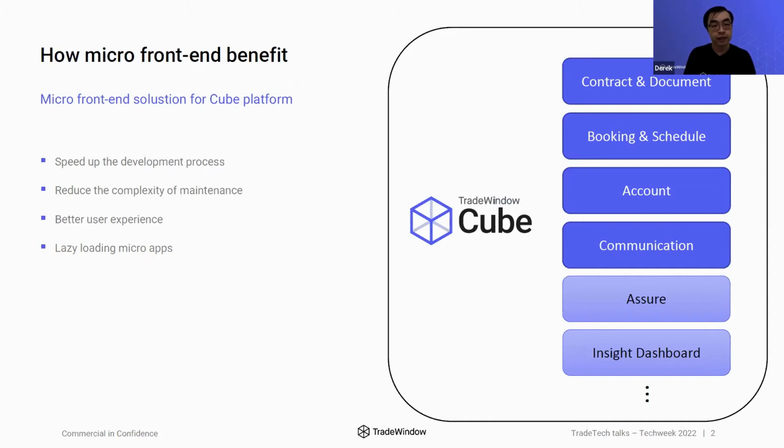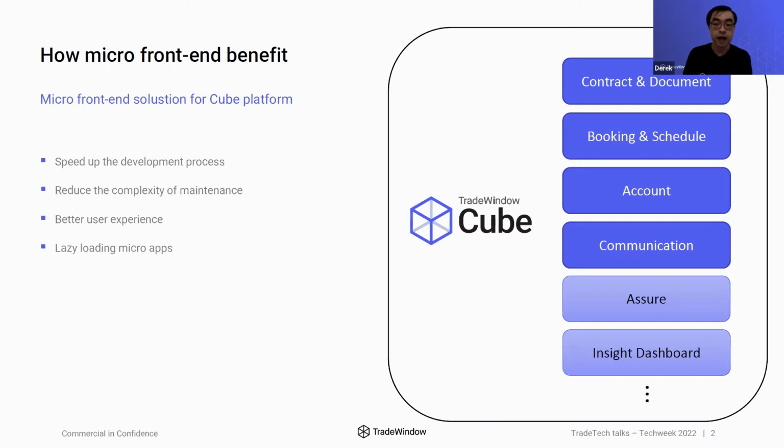As the application grows, it becomes harder to maintain, and the code base becomes much bigger. It's very hard for developers to onboard. So we use the micro front-end architecture to help solve this.